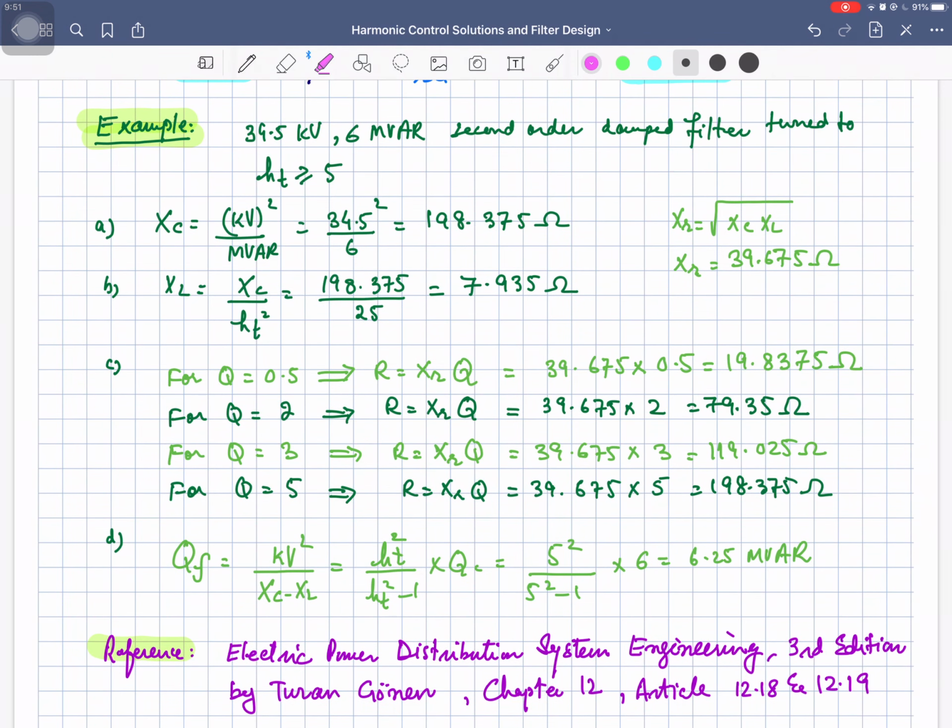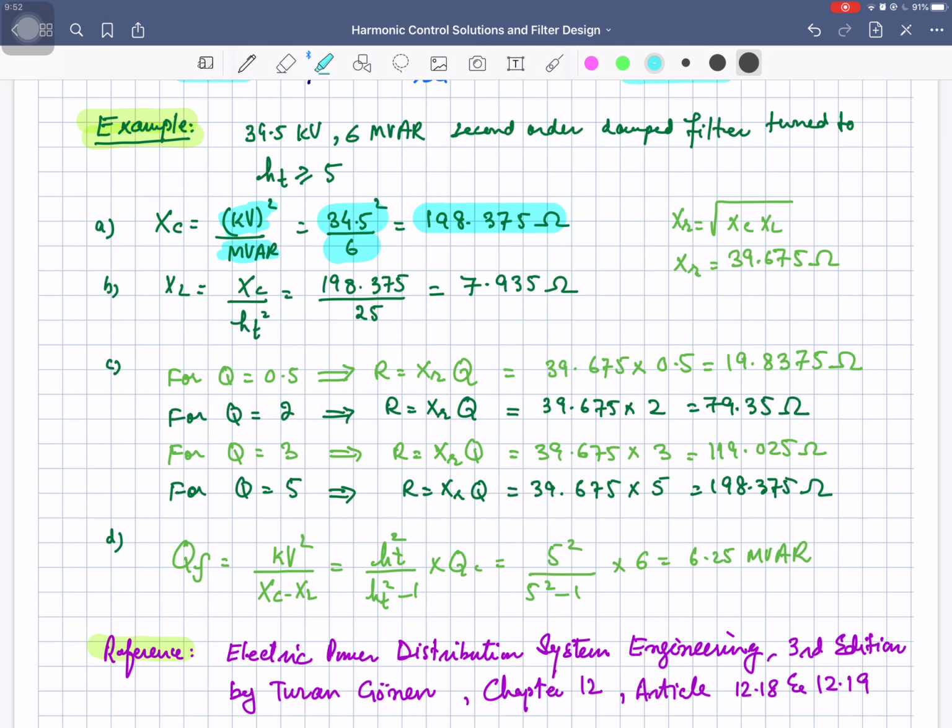Now let's consider the next example. The 34.5 kilovolt, 6 MVAR second order damped filter is tuned for the fifth harmonic. So we need to find out the parameters of the filter circuit. So XC is to be determined. So that will be equal to kilovolt square by MVAR. So we know this information.